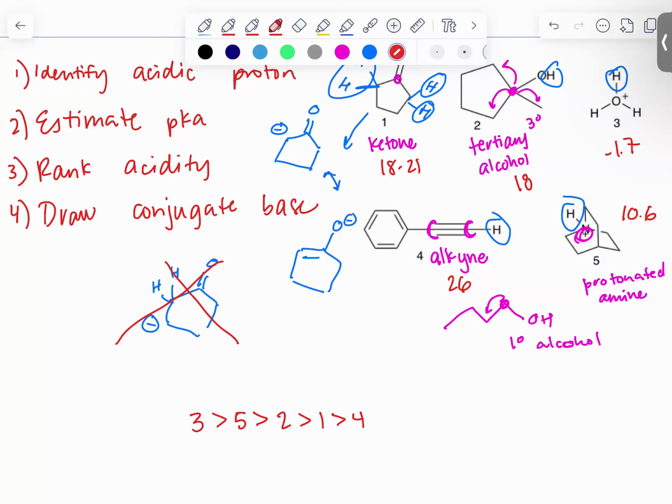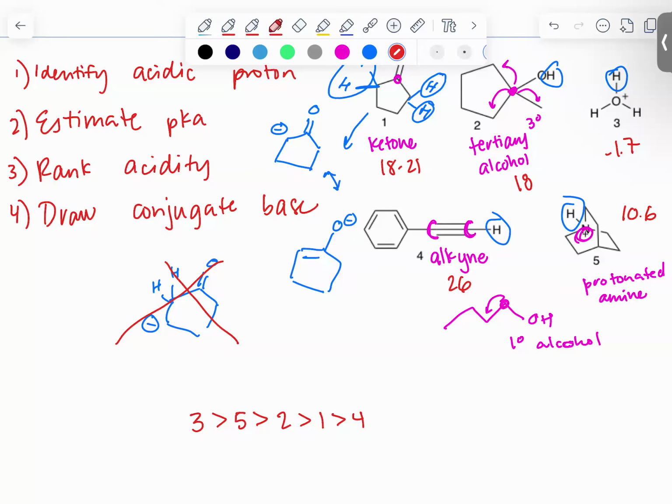Questions on how I got here? It'll either say increasing or decreasing. This is decreasing because we started with the most. Other questions?